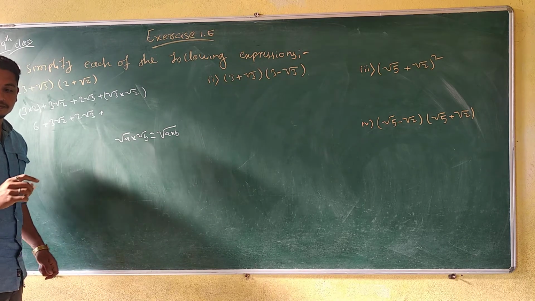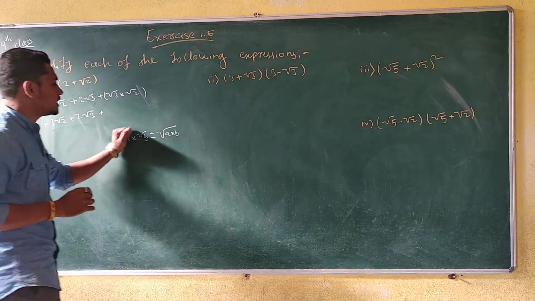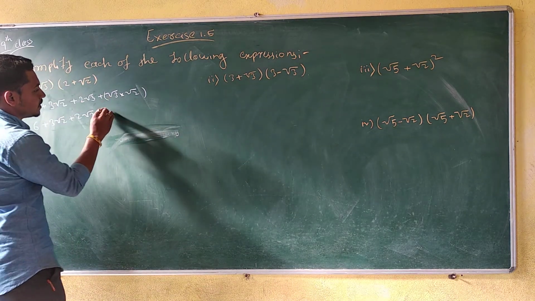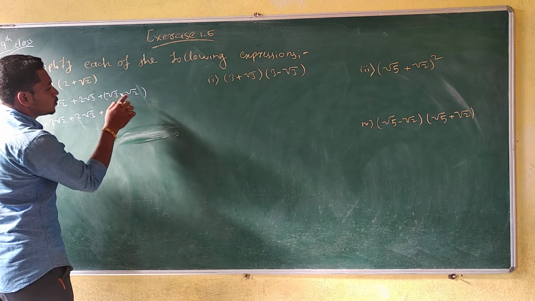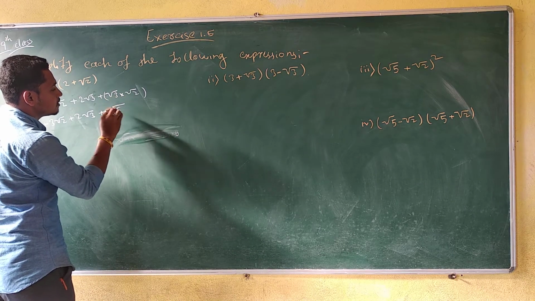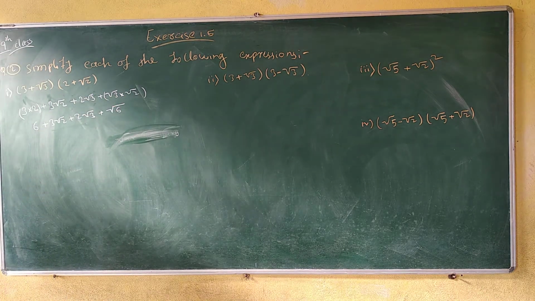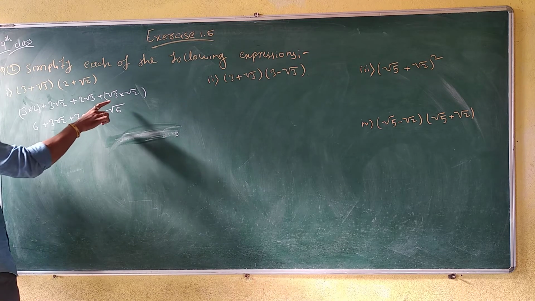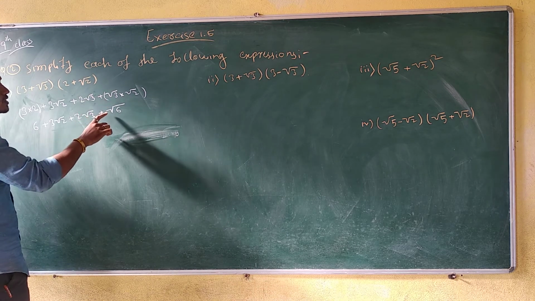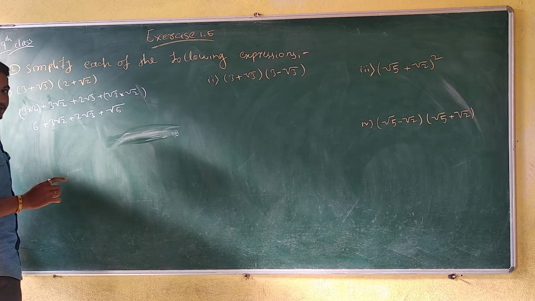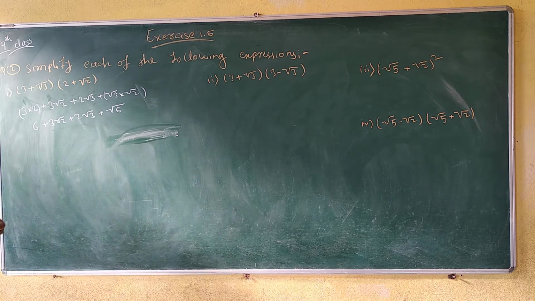So the square root of 3 into 2, and 3 twos are 6. Next, root 3 into root 2, which means root 6. This is your answer.